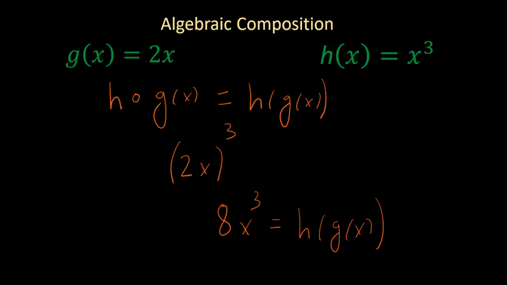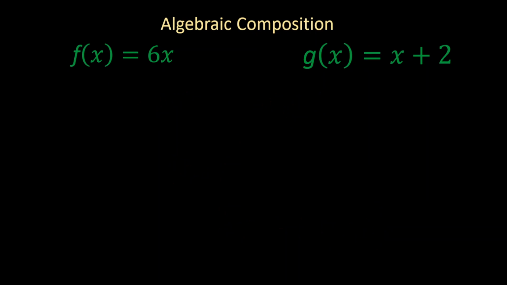So let's try another example here. So say that in this case, we want to find g of f of x. So in this case, that means that we replace all of the x values in g with f of x. So there's only going to be an x here, so we replace the x with 6x.